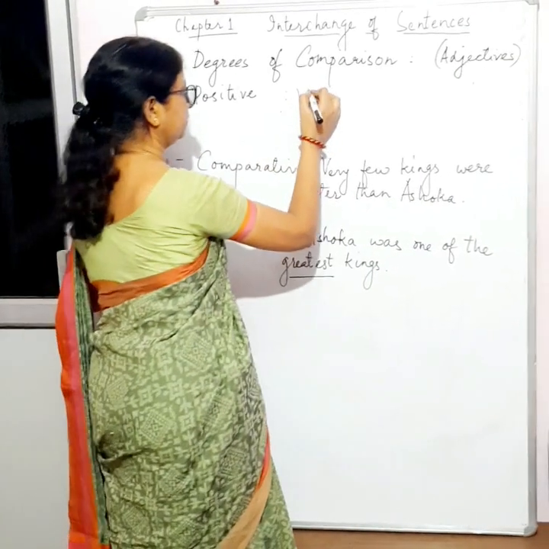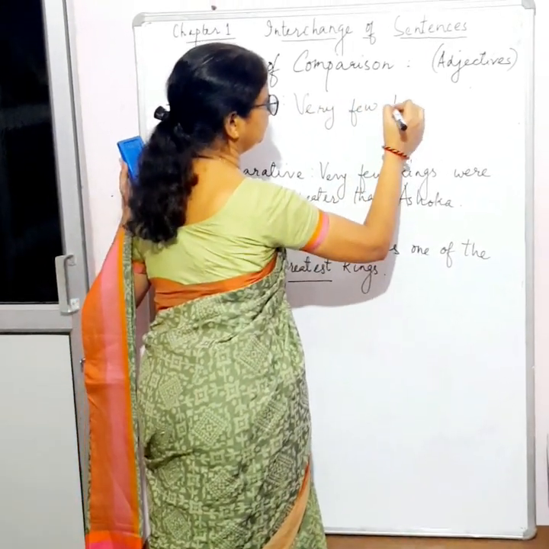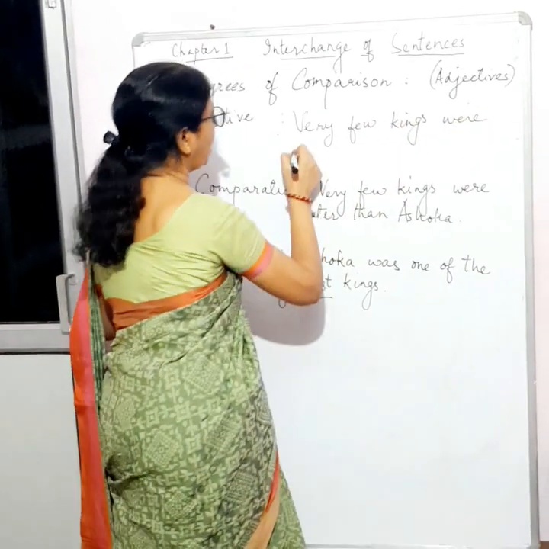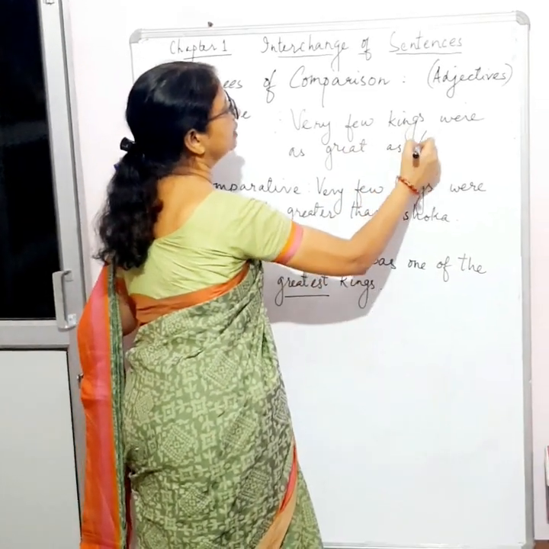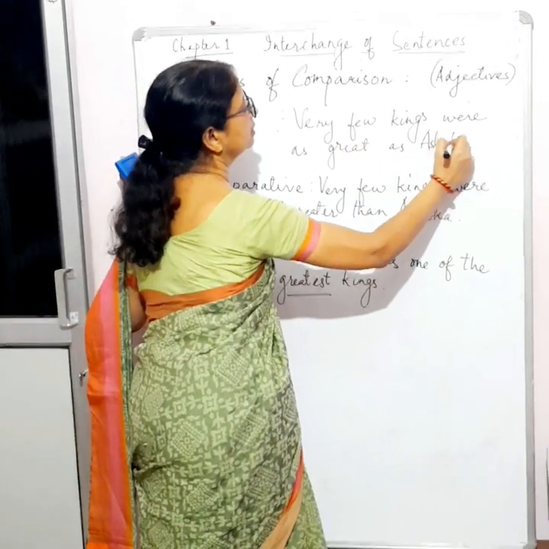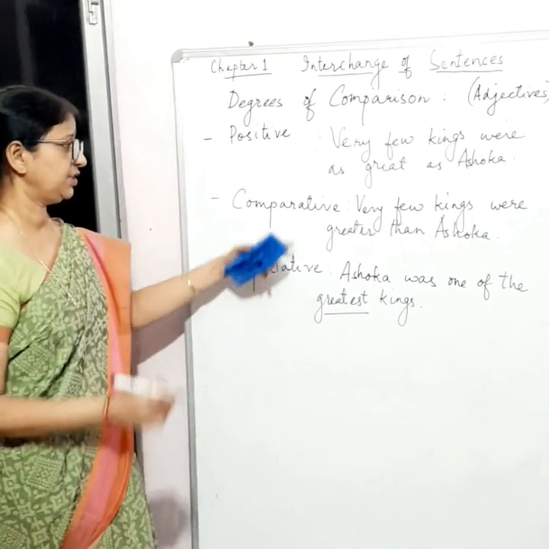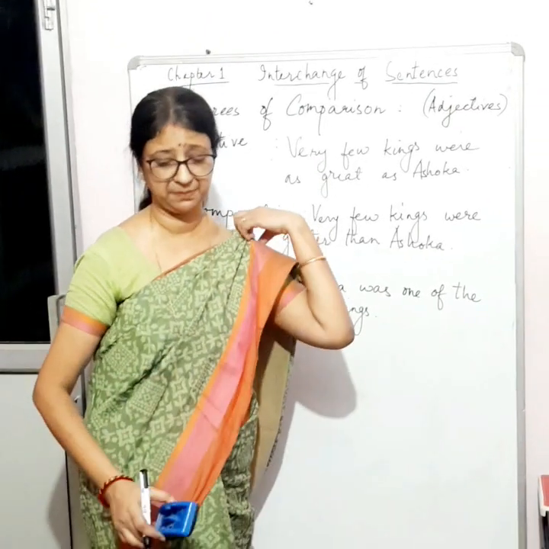Positive degree. Very few kings were as great as Ashoka. So this way you can interchange one form to the other without changing the meaning.